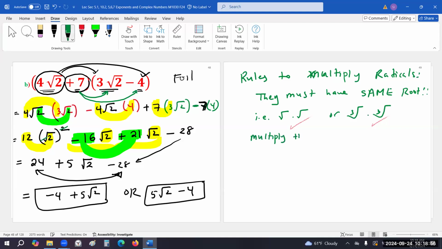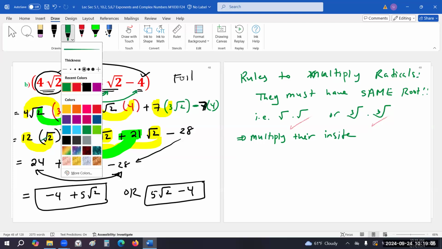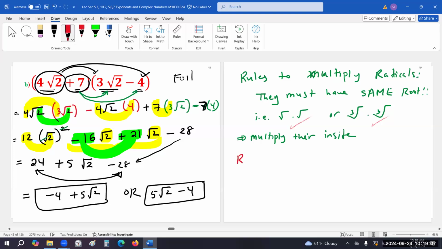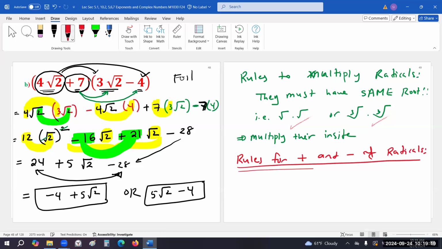Multiply their inside. Rules for addition and subtraction of radicals.